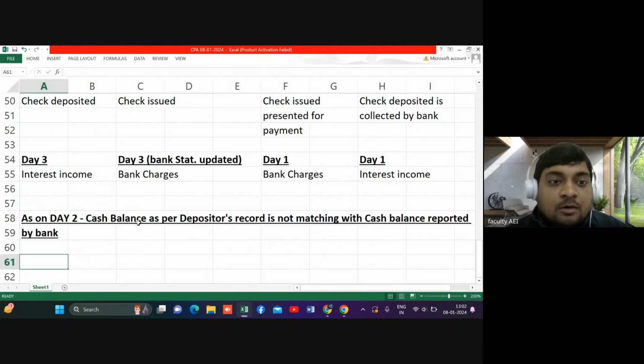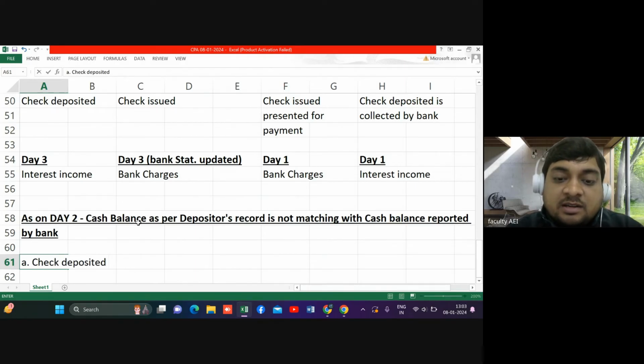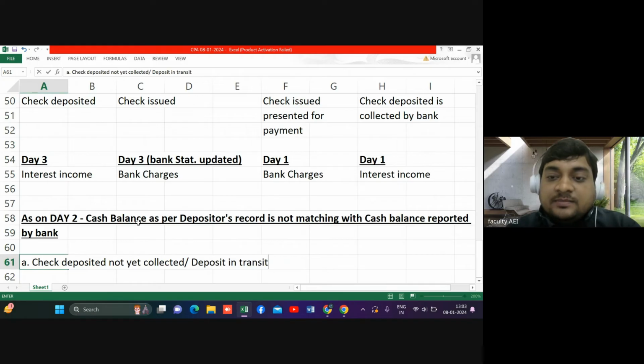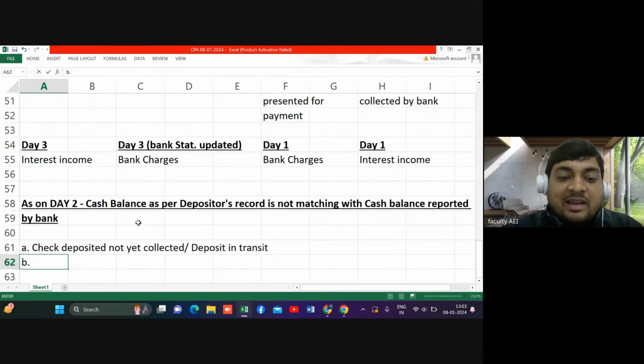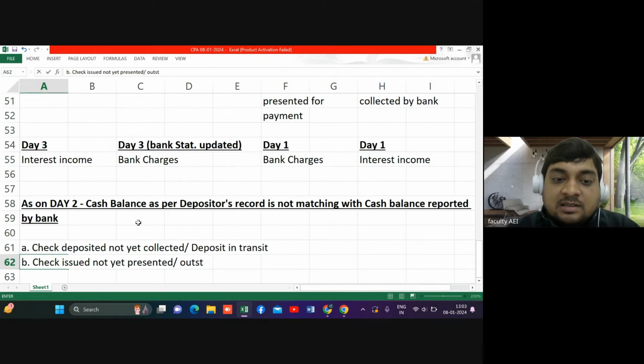Right. So the very first difference is check deposited, not yet collected. That is deposit in transit. Then we have check issued, not yet presented. We call it as outstanding checks.